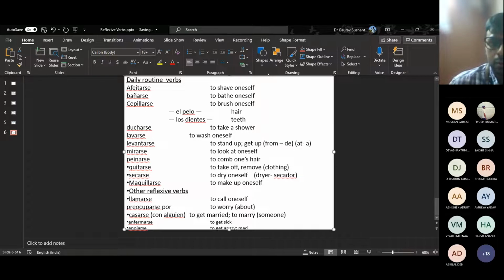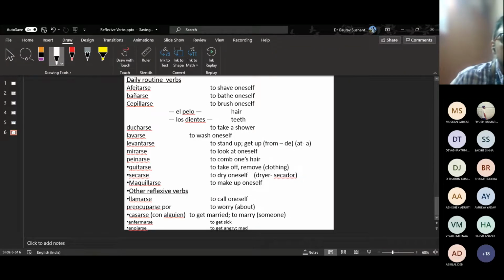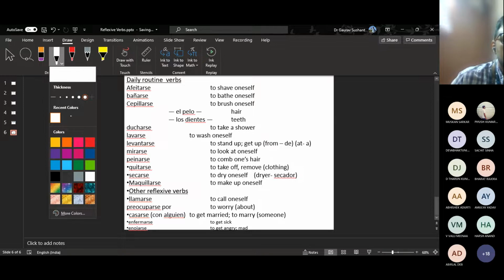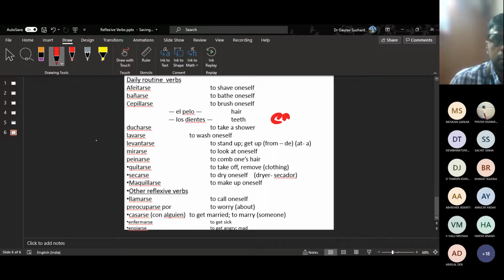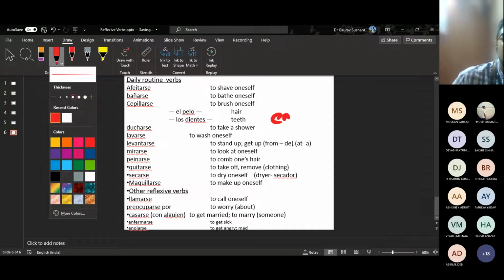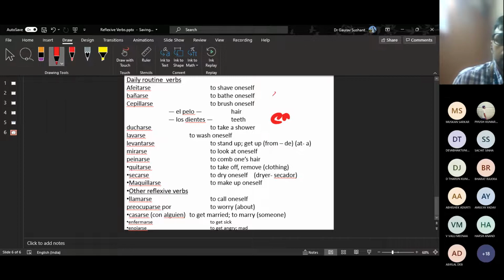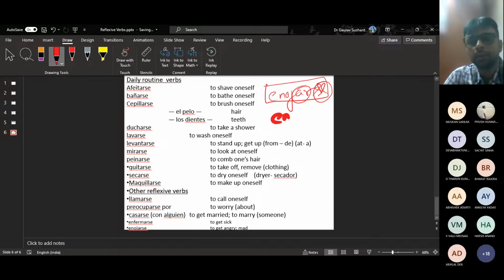I'm writing it here again. Enojarse. This is another example of a reflexive verb, which means to get angry or get mad. When somebody is angry, you can use it. And same here, enojar is the verb part, se is the reflexive pronoun, and accordingly you have to use it with the subjects by changing.